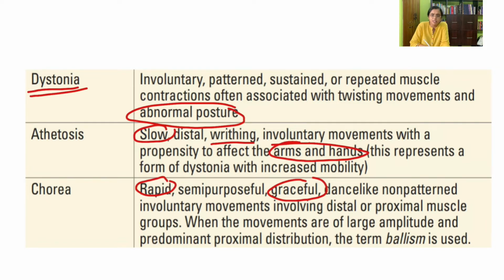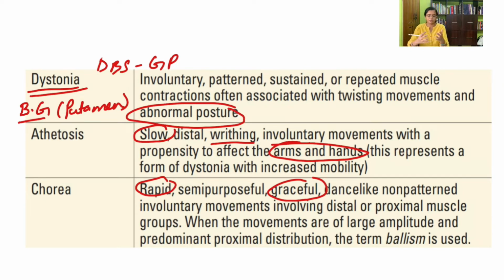Now you can see dystonia in a number of diseases like Wilson's disease. Apart from that, a lot of genetic diseases do have dystonia. In dystonia, the commonly affected area is the basal ganglia, and especially the putamen. And it has been seen that deep brain stimulation of the globus pallidus can relieve dystonia. Now athetosis and chorea coexist.